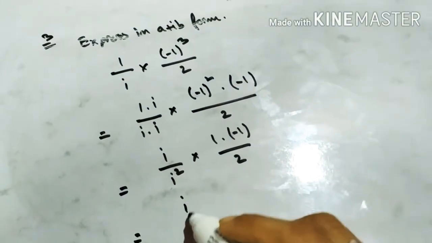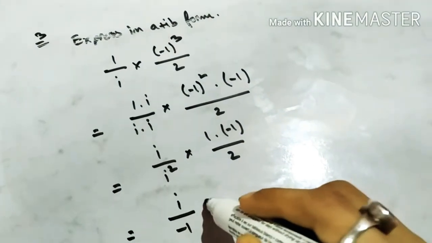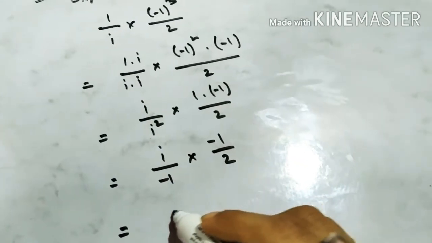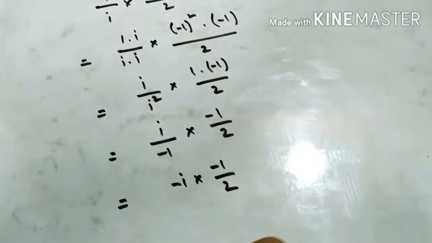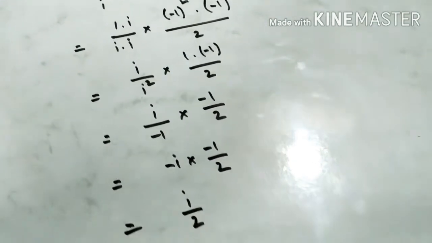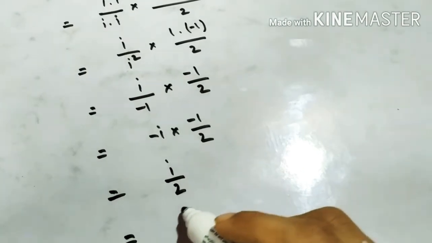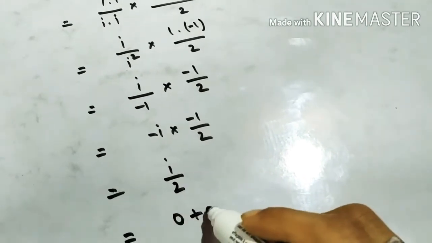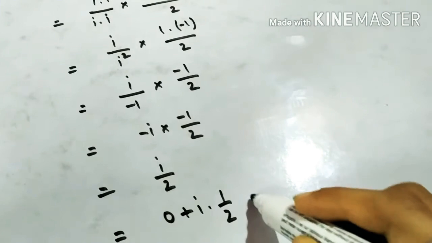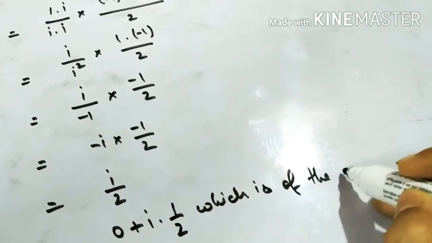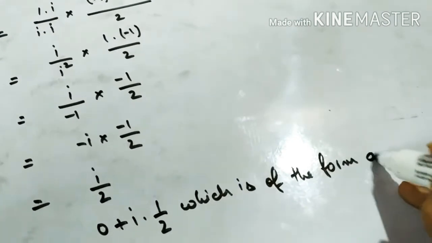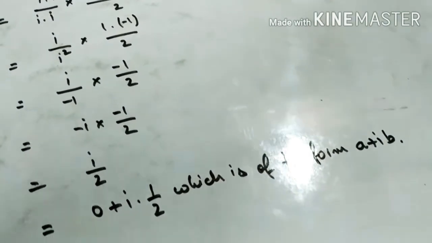So this will become i/(−1) into −1/2, which will become −i into −1/2. So i/2. I can write this in the form 0 + i × 1/2, which is of the form a + ib.